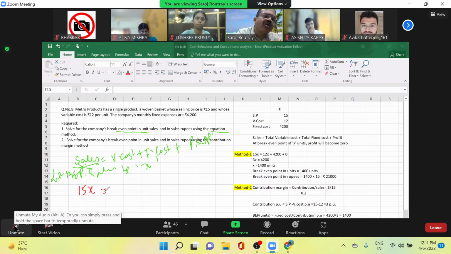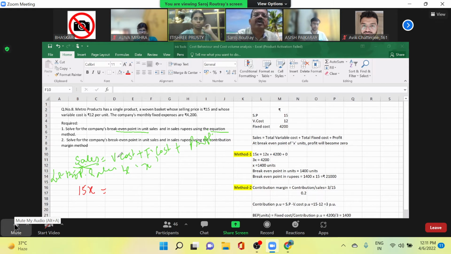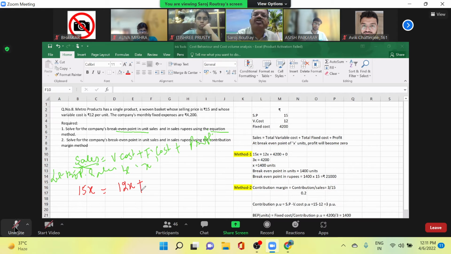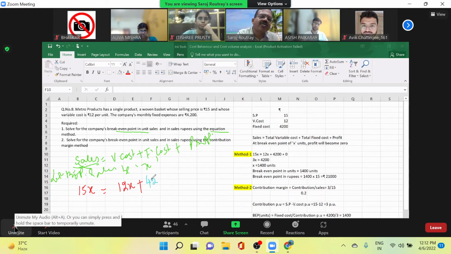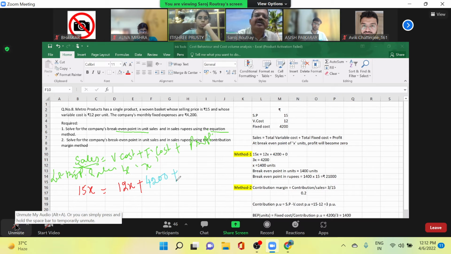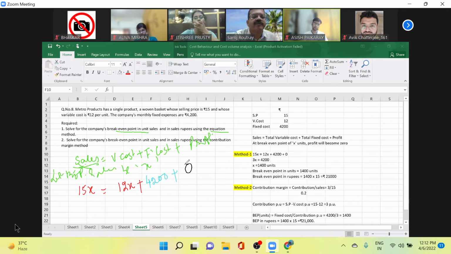Okay. And what will be variable cost? 12x. And what will be fixed cost? 4,200. And what will be profit? 0. Profit will be 0. Okay.